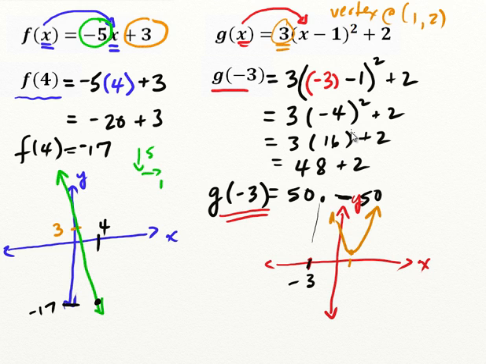So we're way up on that left arm, quite high on the parabola. Okay, so hopefully that clears things up. When we're asked for the value of a function, and we are provided with the value to substitute in, all you're doing is substituting whatever's in the brackets into the equation, simplifying it, and getting an answer.